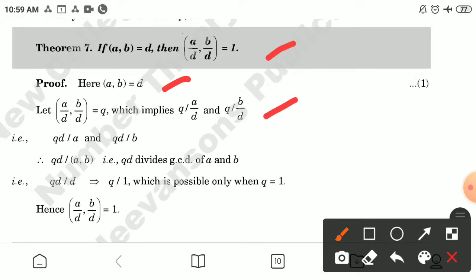That is, QD divides A and QD divides B. Therefore, QD divides greatest common divisor of A and B. That is, QD divides D. This implies Q divides 1, which is possible only when Q equals 1. Hence, greatest common divisor of A/D and B/D is equal to 1.